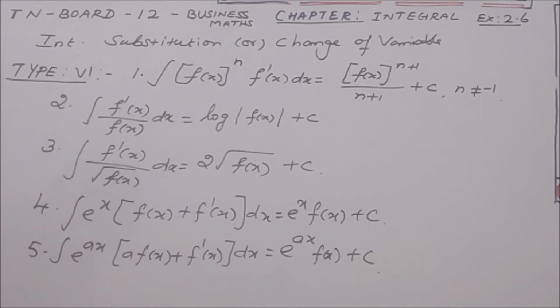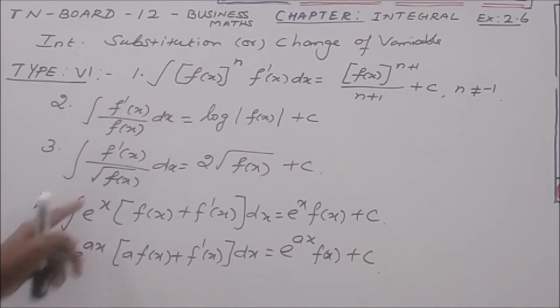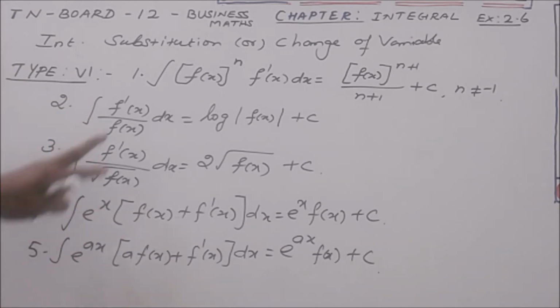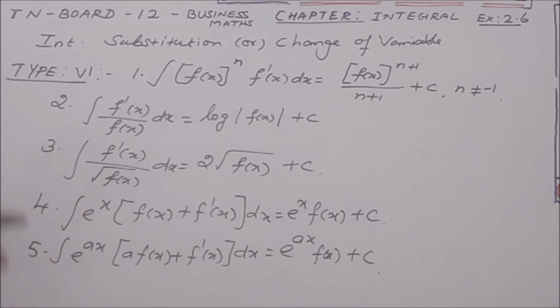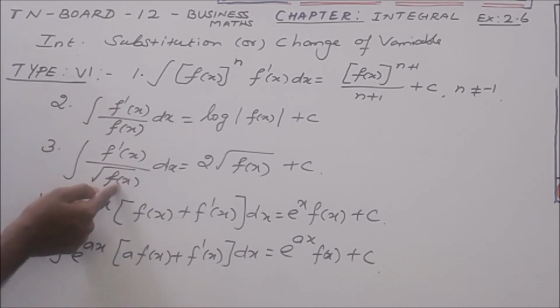Look at the second one. Both are similar, but we have only one difference, that is root in the denominator, that is root of f of x. Here f of x we have, here root of f of x we have. So look at the answer here, 2 times root of f of x. The denominator has a root of the function, the numerator has the function's derivative.